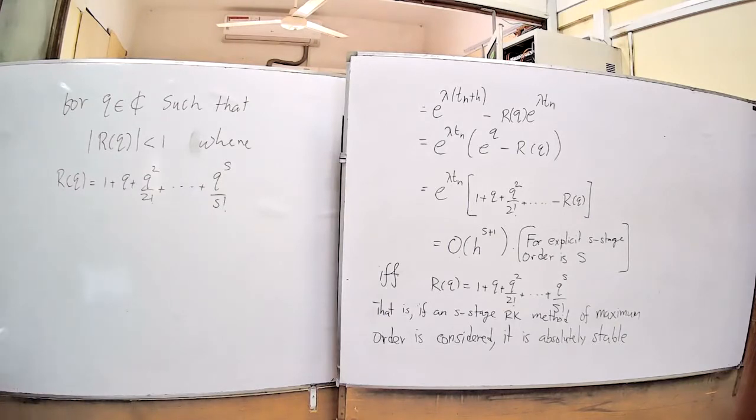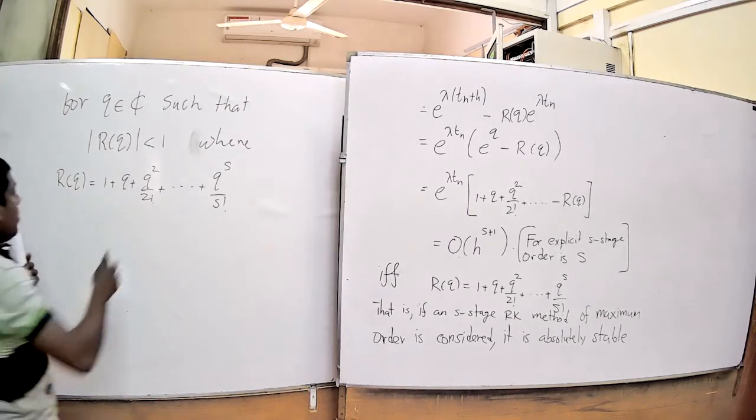For this polynomial, for all values of q for which |R(q)| is less than or equal to 1, the method is absolutely stable. Any q that satisfies this condition gives you the region of absolute stability. Less than or equal, right?